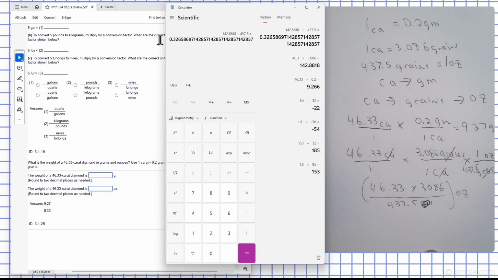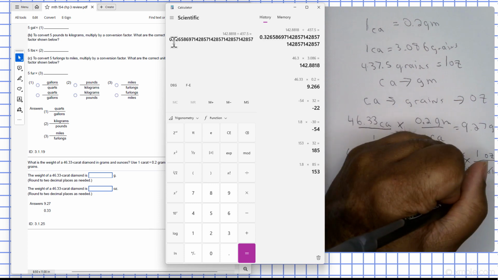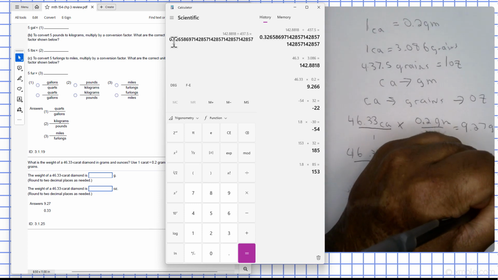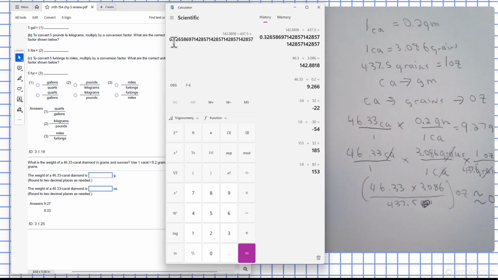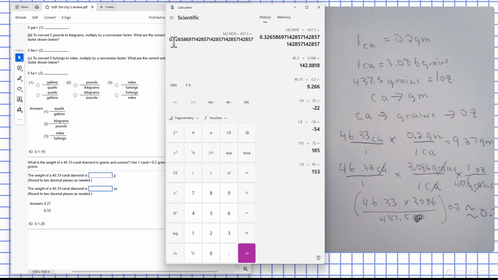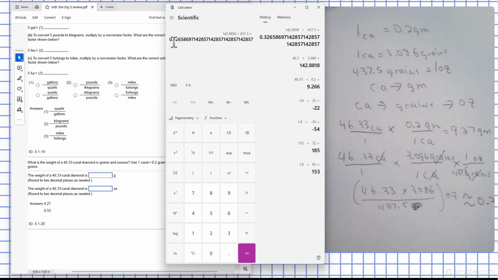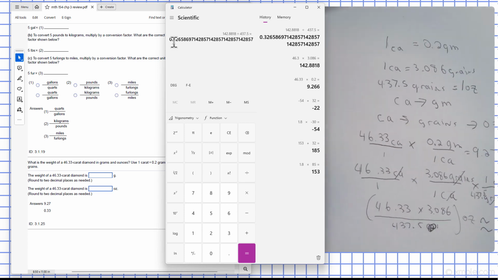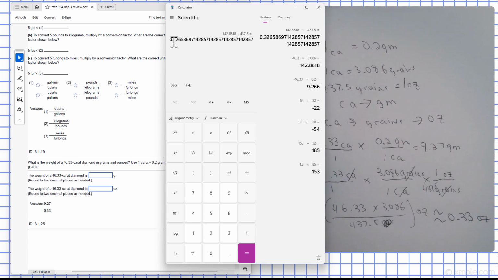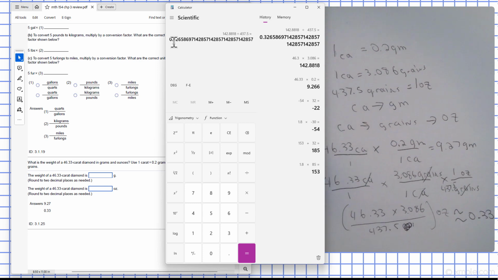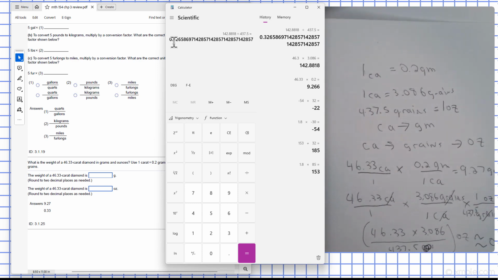And we end up with 0.326, which is approximately 0.33 ounces. You can't see that. Let's see here. I'll do this. There. You can see that. 0.33 ounces. Okay. And that's how you do that problem.